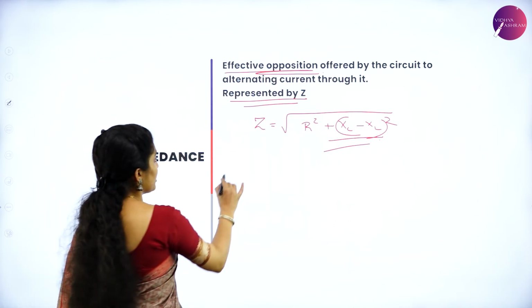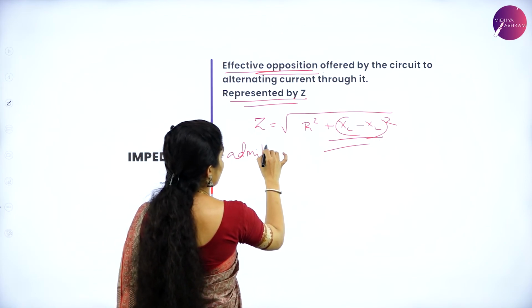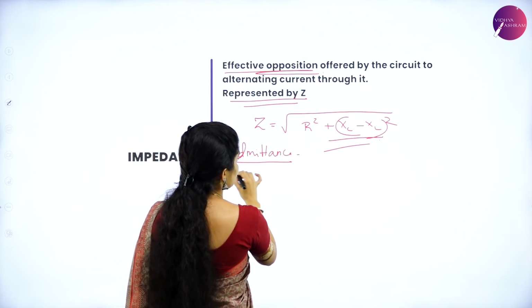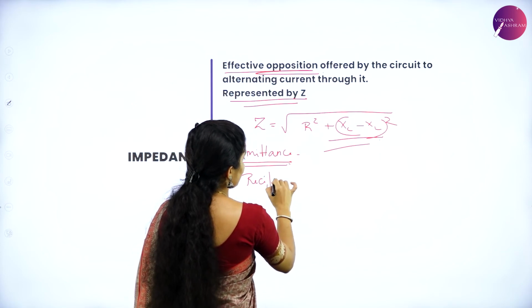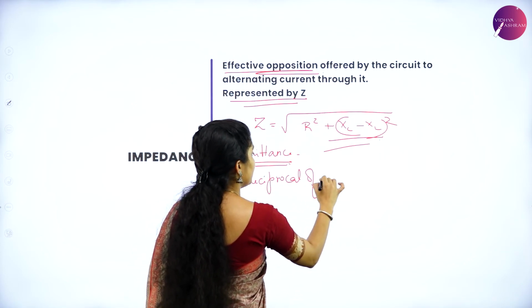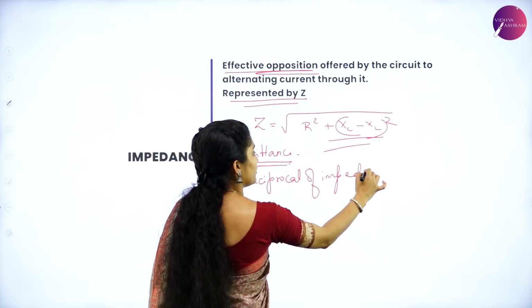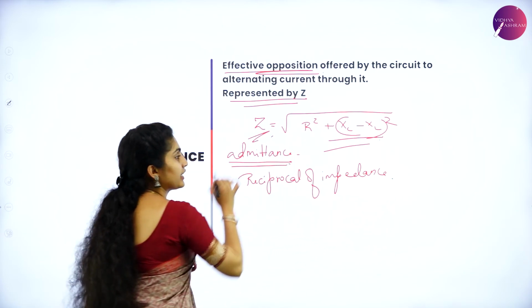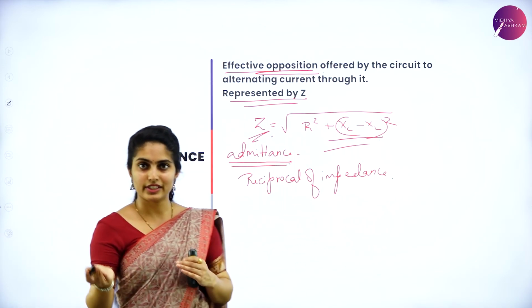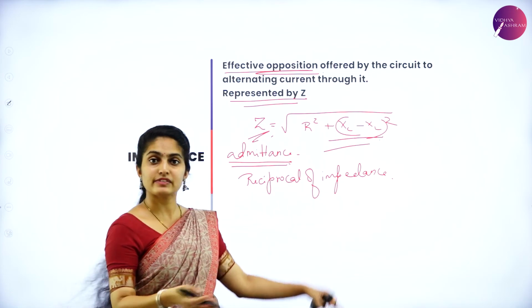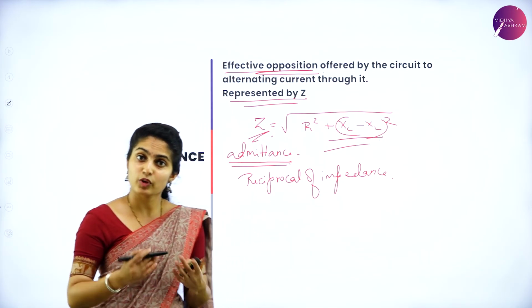Having this impedance, we also have something called admittance, which is the reciprocal of impedance. Impedance behaves like the resistance in non-alternating current. Similarly, admittance behaves like a conductance. Conductance is the reciprocal of the resistance.